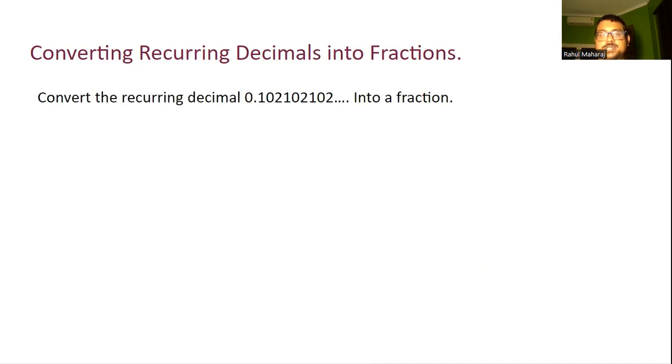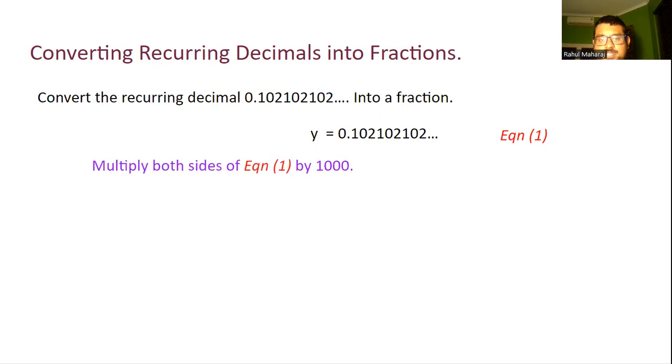Let us convert the decimal 0.102102102 as a fraction. Okay, so we let y be equal to 0.102102102 going onwards, and we call this equation 1. Since we have 3 repeating digits, we can multiply both sides of equation 1 by 1,000.